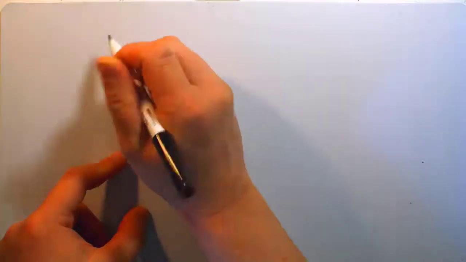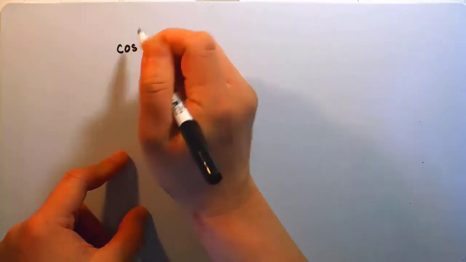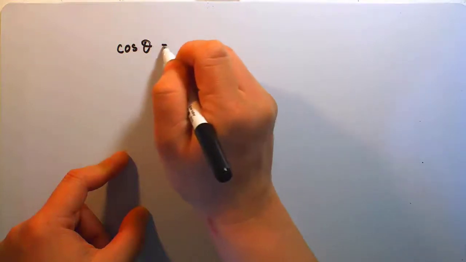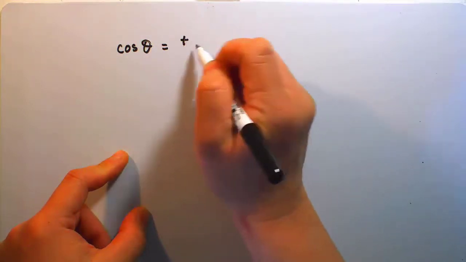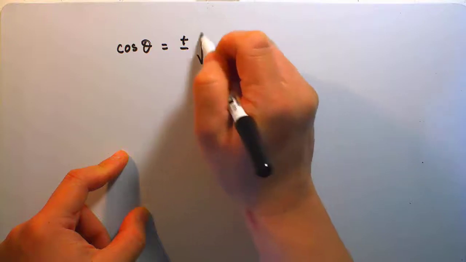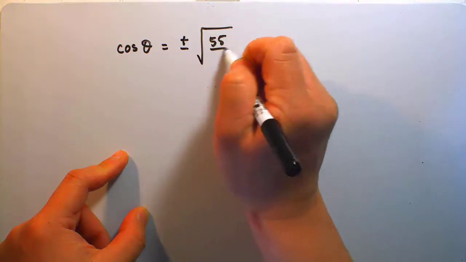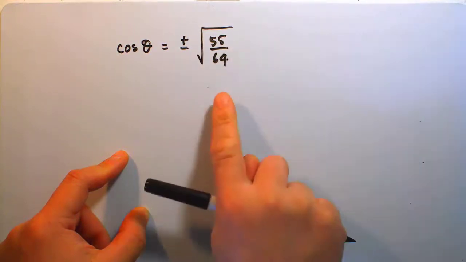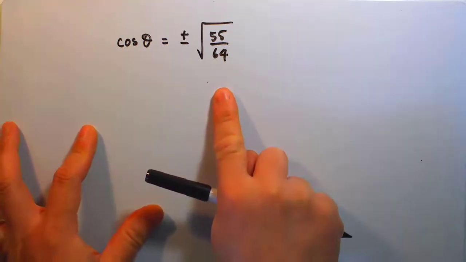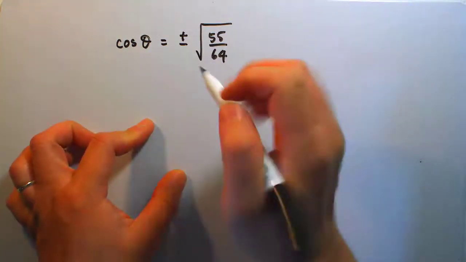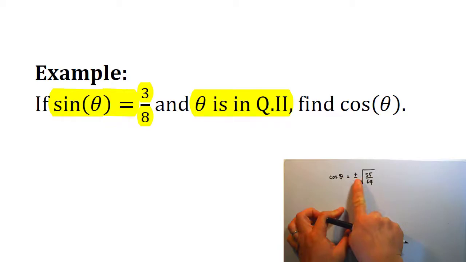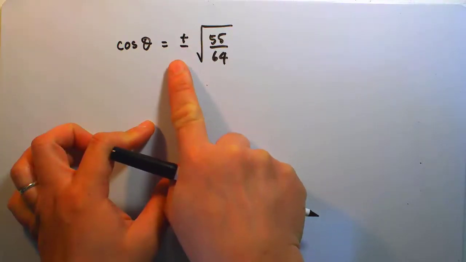If we look a little more closely at our current step, cosine theta can be either plus or minus square root of 55/64. We are at this step where we need to make a choice. The idea now is which one of the signs would be the correct answer.